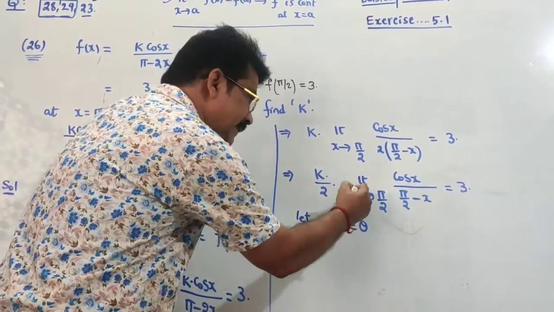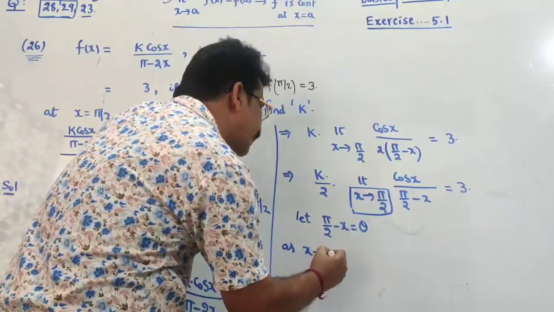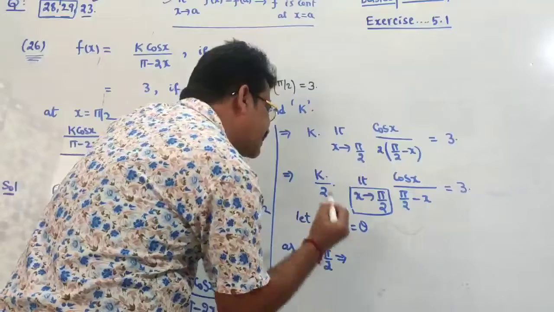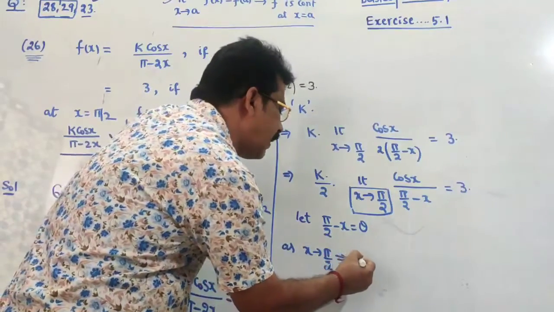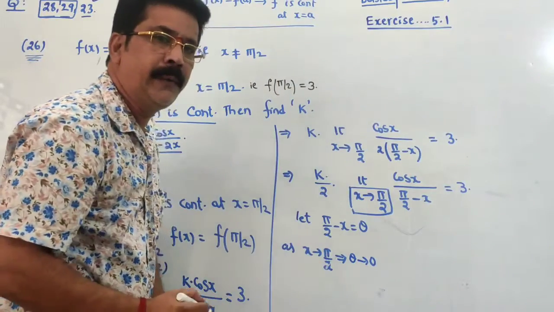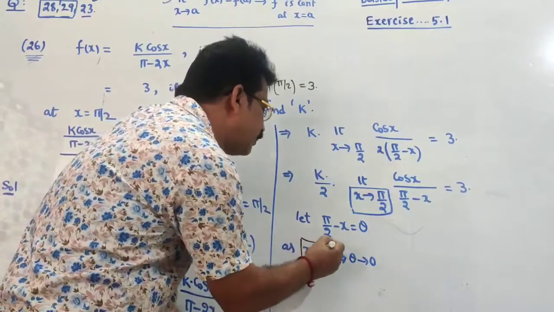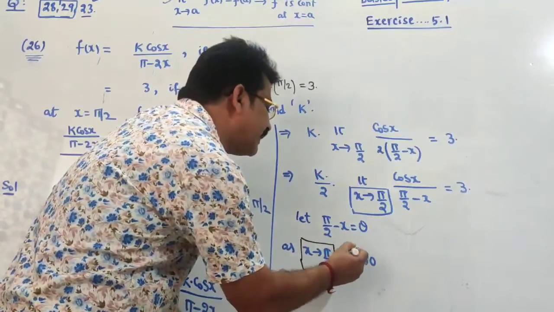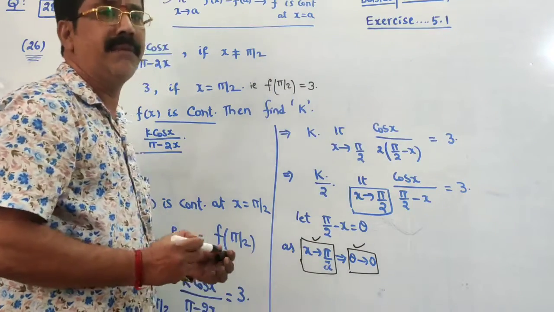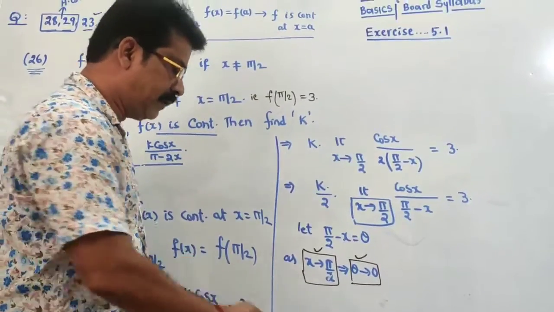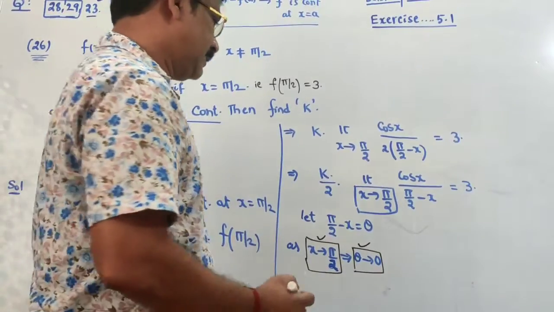As x tends to pi by 2, put x equal to pi by 2: pi by 2 minus pi by 2 is 0, so theta tends to 0. Mathematically, instead of writing x tends to pi by 2, we can write theta tends to 0; both have the same meaning.